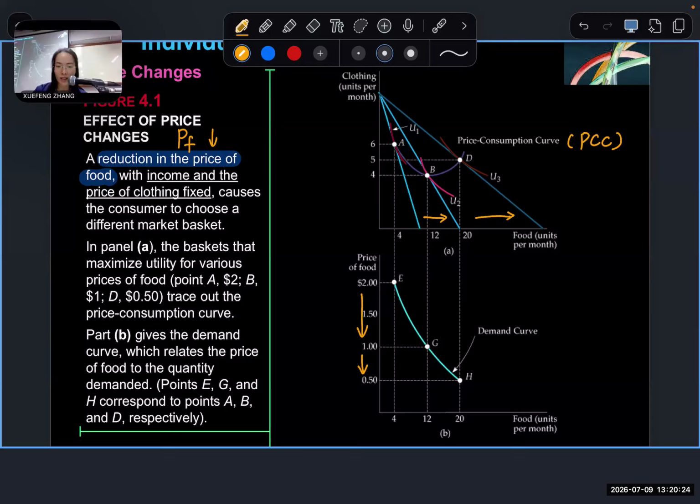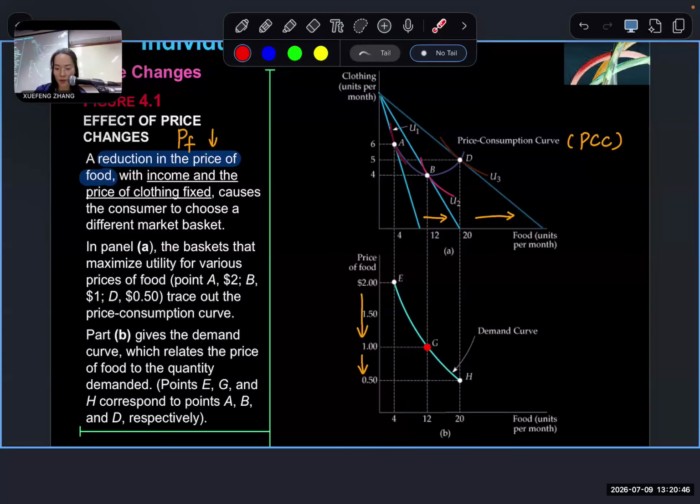So, and then when we connect E, G, H together, here is our demand curve. Okay, this is our demand curve. You see, at point E, price is 2, the quantity is 4 units, right?